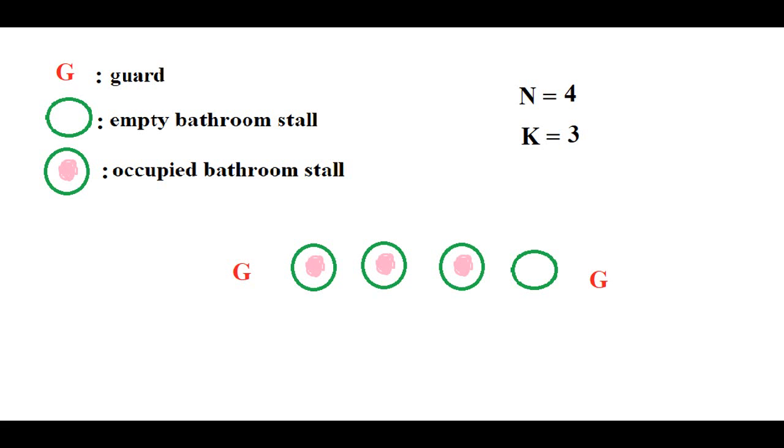Indeed, when the third guest arrives, he takes stall number 1 when we read from left to right. So there is no place available on his left side nor on his right side, as you can see. And when N is equal to 4 and K equal to 4, obviously the answer is 0, 0. There are no seats available on his left side nor on his right side when the fourth guest goes to the stall.